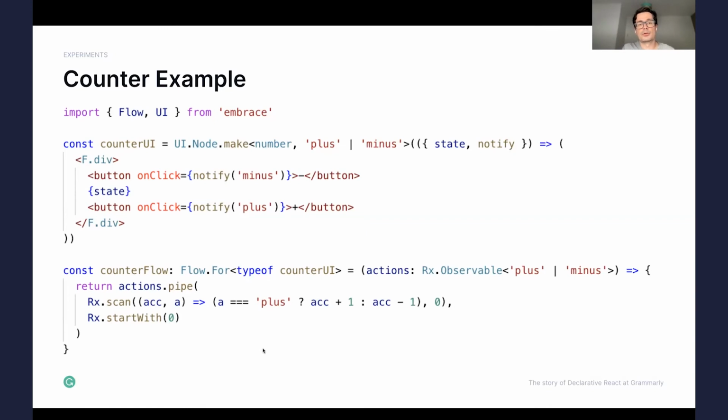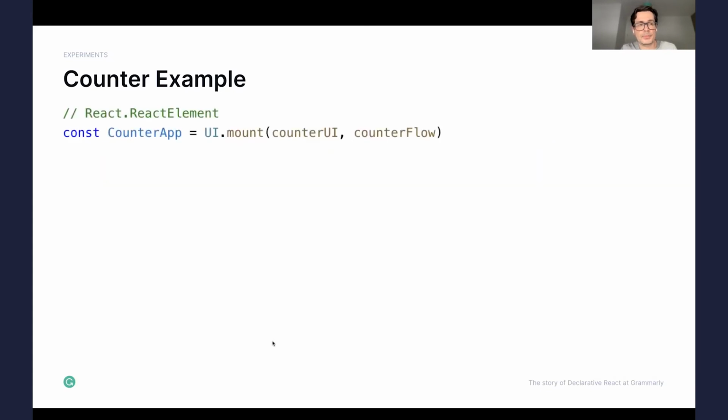So now what we do is we connect those two things together. Using the special mount function, we can pass it the UI and the flow, and if the types match and the TypeScript compiler is happy, we will get an application which is a React element as a result. And then you can do the normal React stuff, mounting it to the browser tab.